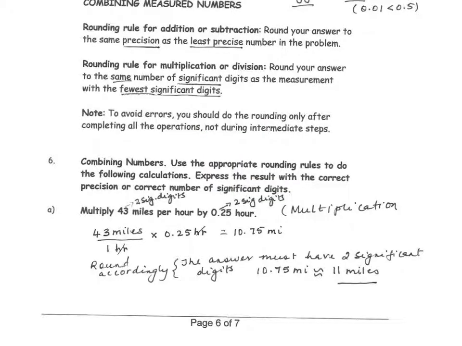What are the rules of rounding? That's what we'll discuss. So, rules of rounding when we do calculations with different types of numbers. Suppose we're adding and subtracting numbers. How do we present our final answer? What we need to do is look at all the numbers involved in the addition and subtraction.